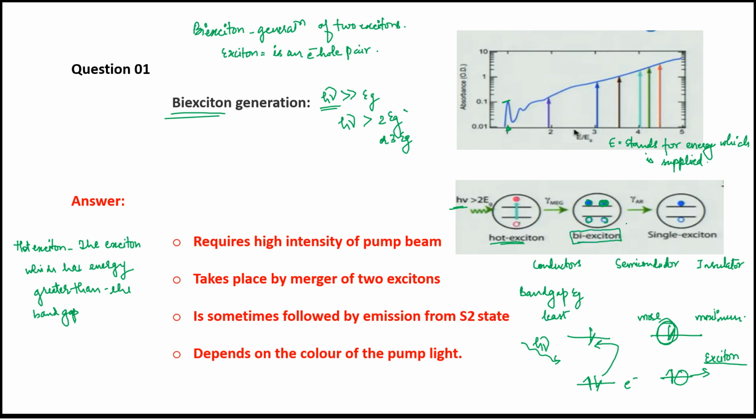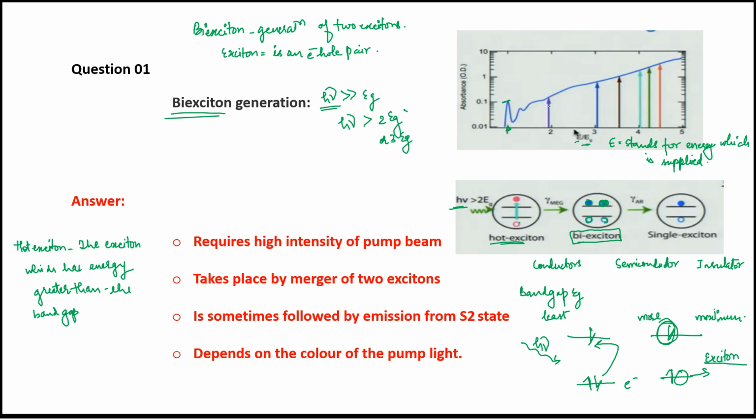Now, it's not necessary that this bi-exciton will remain as it is. It will undergo Auger recombination, which is again a process of the recombination of electron and hole. Further, there you will get a single exciton which has a higher energy. In this spectra, you can see there is a condition, say if E is greater than Eg, then necessarily the value will be greater than 1.